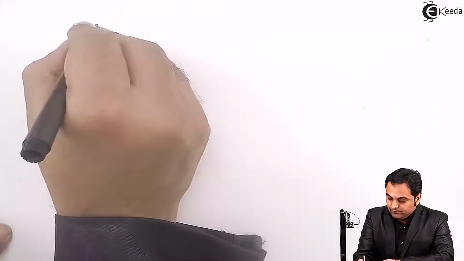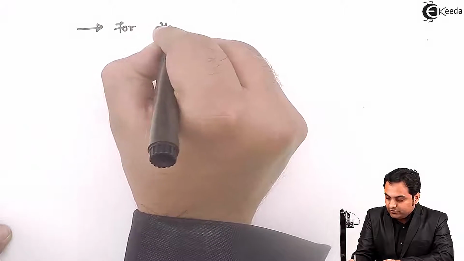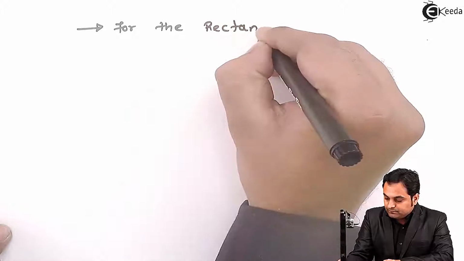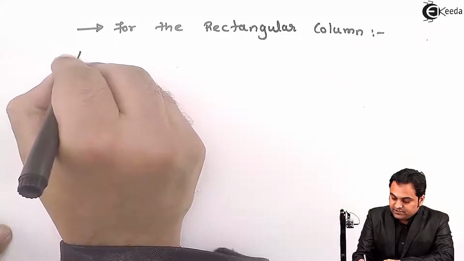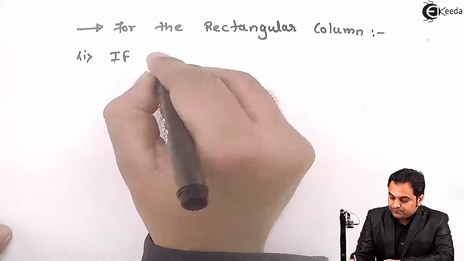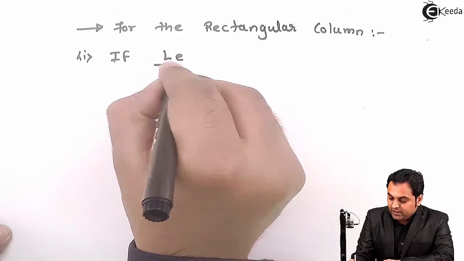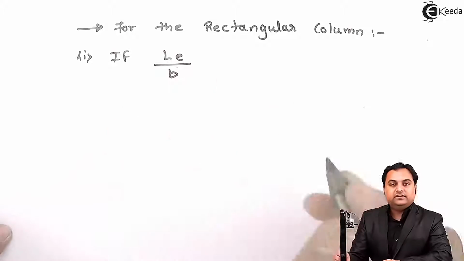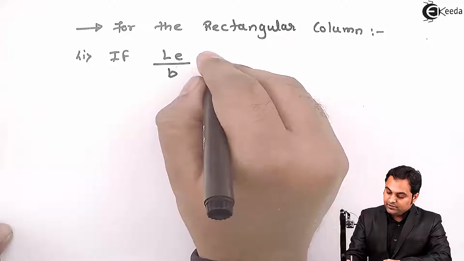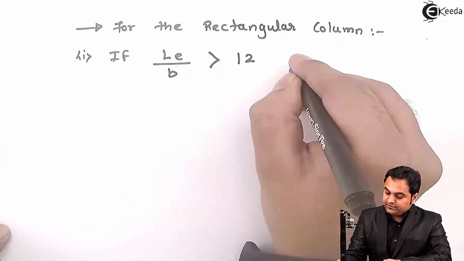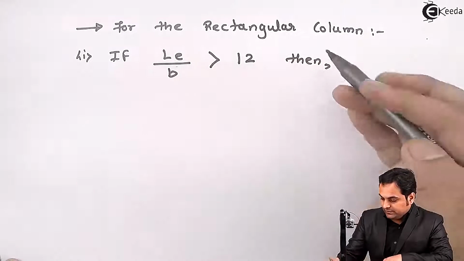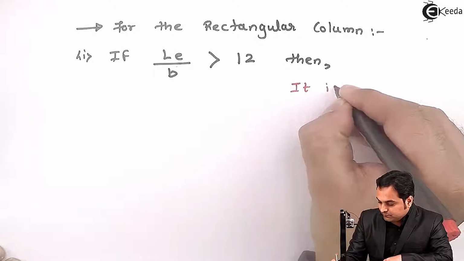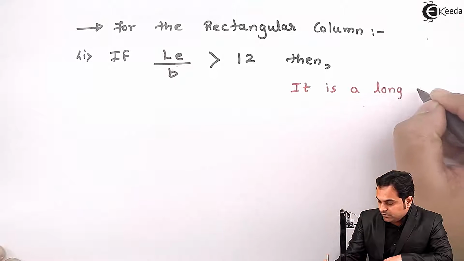For the rectangular column, first case, if effective length upon B, that is the least lateral dimension, if this ratio comes out to be greater than 12, then it is a long column.